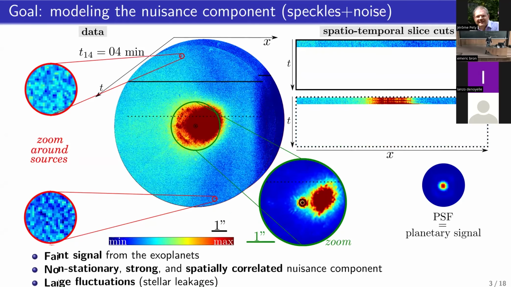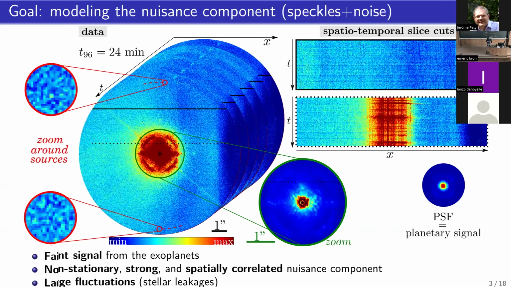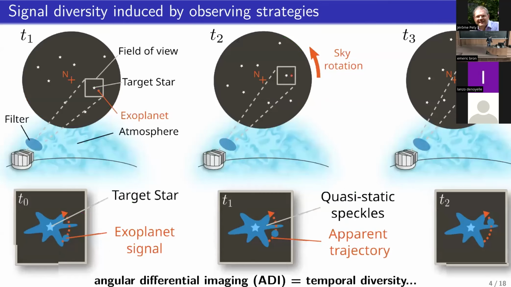It also displays some strong fluctuations, such as here near the star, because the centering behind the coronagraphic mask is tricky and not perfectly stable across time. And well, the unmixing task is tricky.